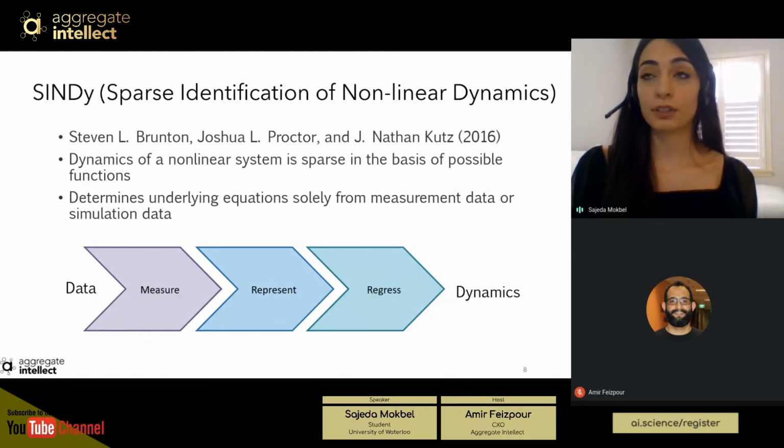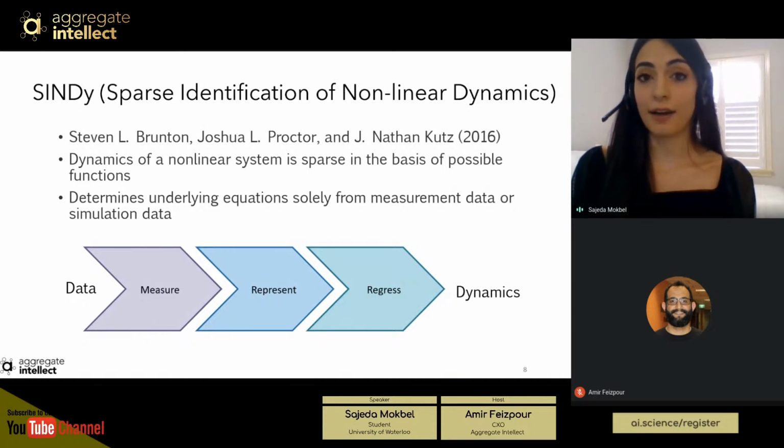And basically, they want to turn measurement data into dynamics through this three-step high-level process of taking the data, measuring the time derivatives of the variables or coordinates of interest, representing a basis of possible functions that can describe these dynamics, and then using sparse regression techniques to find a sparse vector that can represent these dynamics.